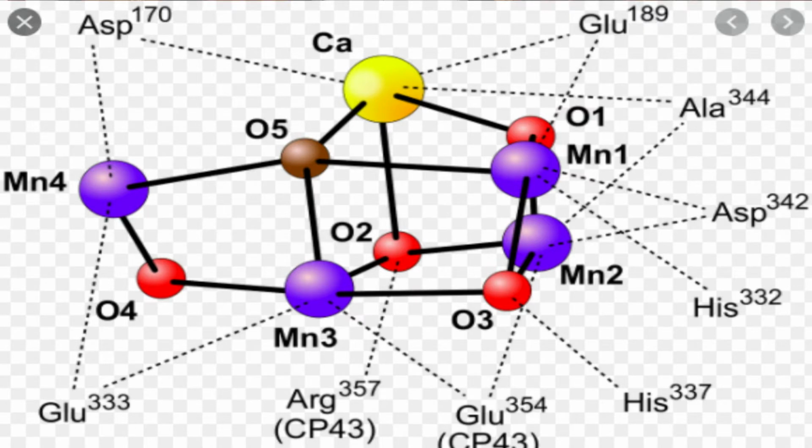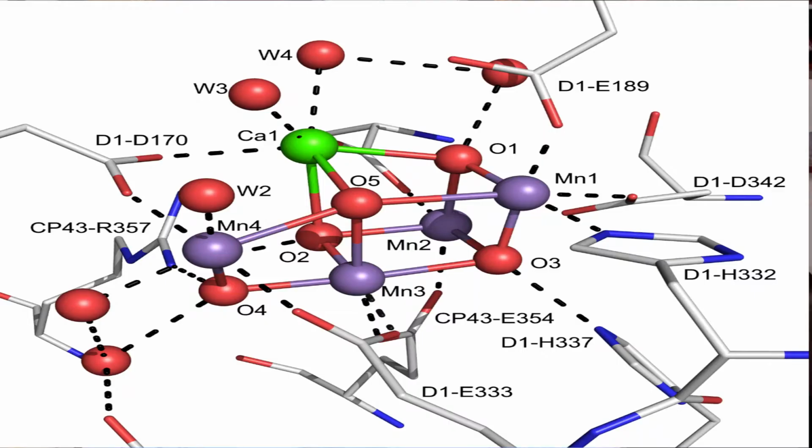Here we can see a water splitting complex or oxygen evolving complex. The OEC is surrounded by 4 core proteins of photosystem 2 at the membrane lumen interface. Electrons extracted from water molecules along with 4 photons produce a single O2 molecule.